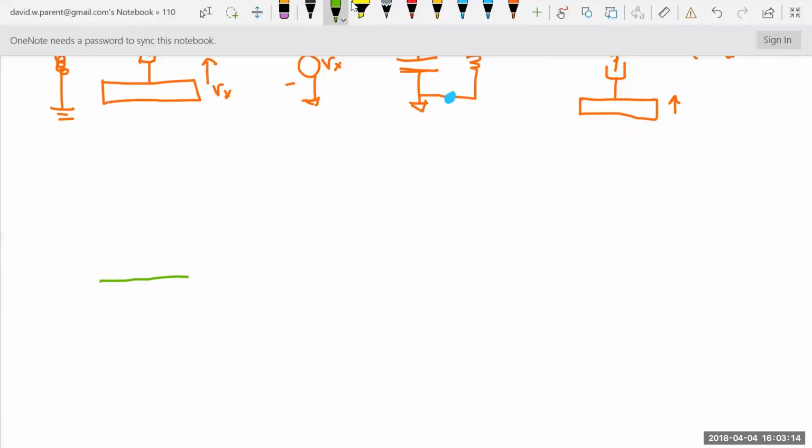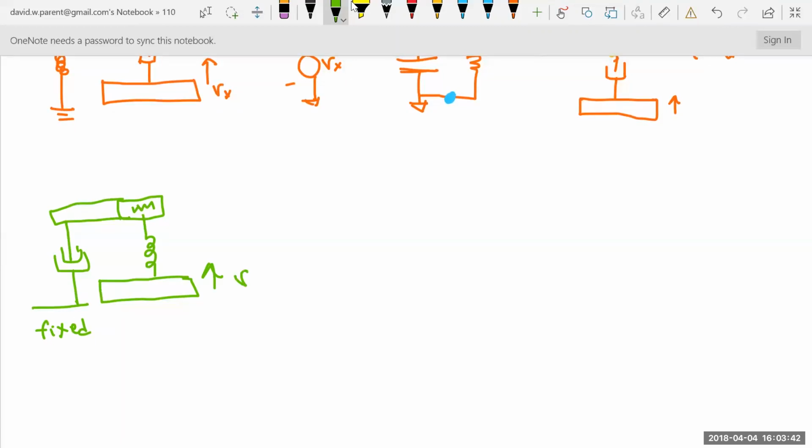We have a platform. We have a spring. Oh, sorry, forget that. We have a mass. And now the damper side is fixed. Okay.